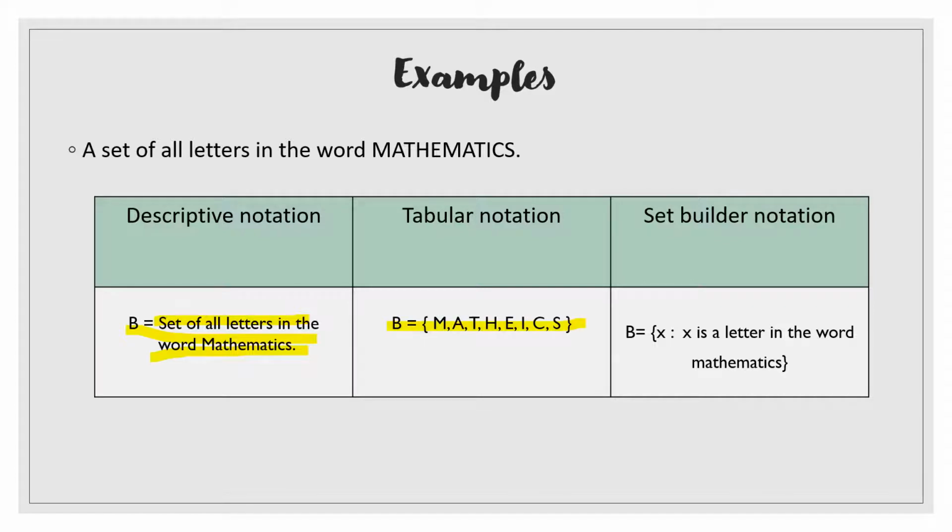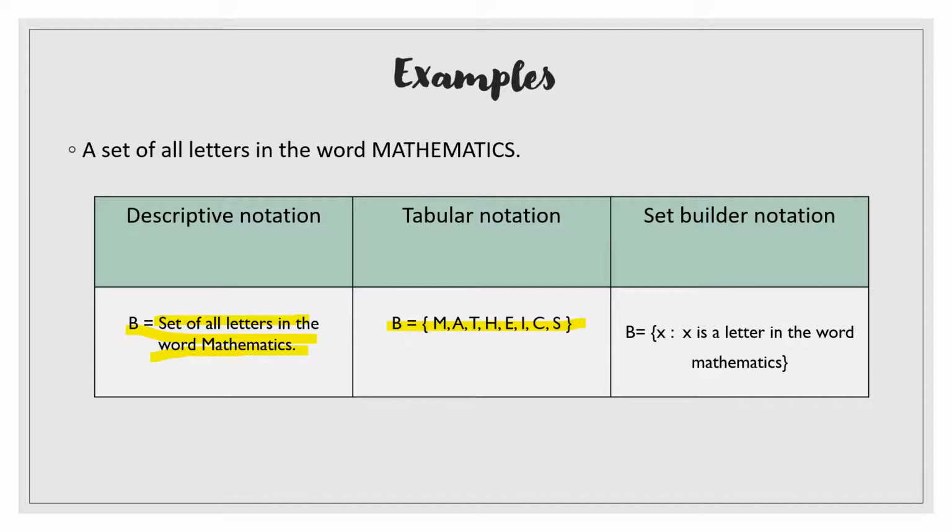We have listed all the letters, but we don't repeat a letter or any element while writing a set. So I have written M only once. Similarly, T, A only once in this set, because we don't repeat an element while writing a set.